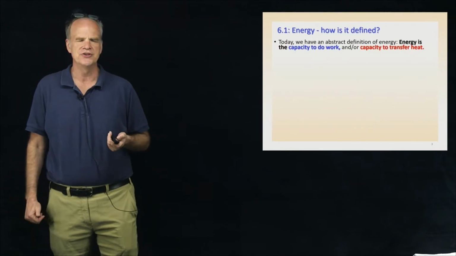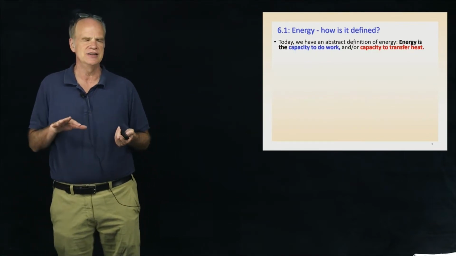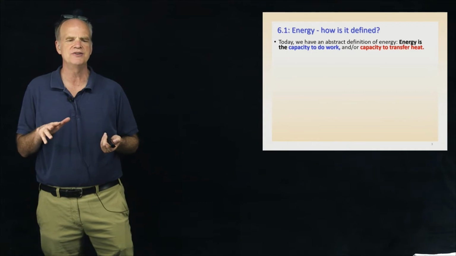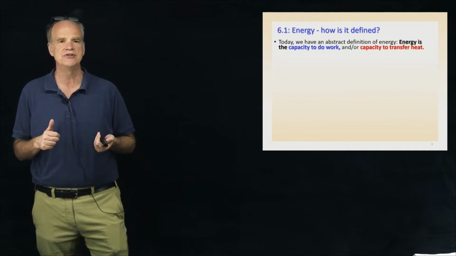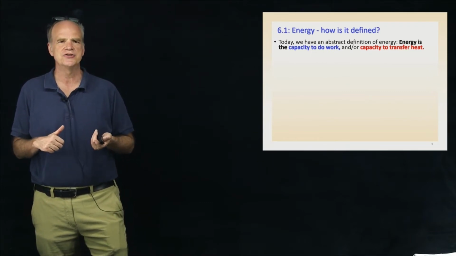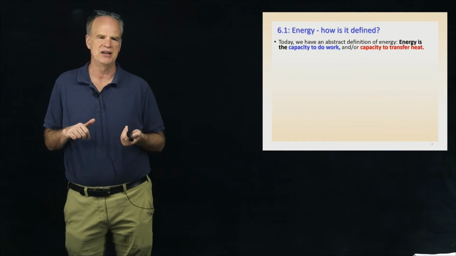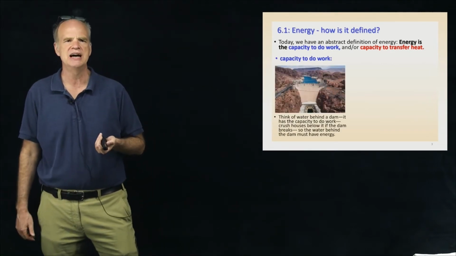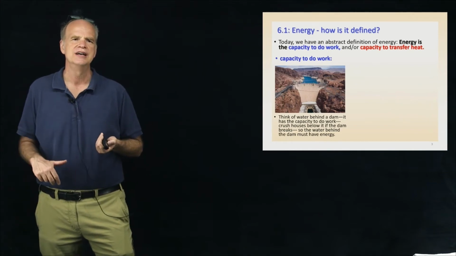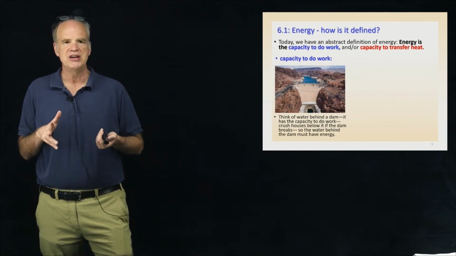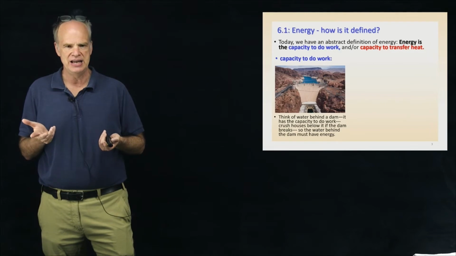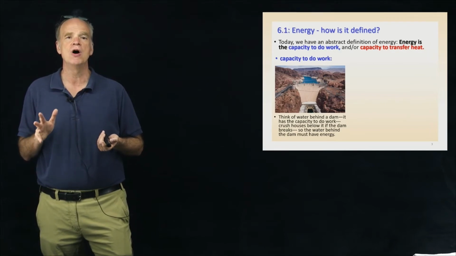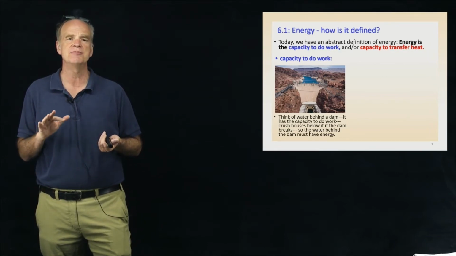Another thing we need to discuss is that energy is also defined in a certain way. We define energy as the capacity to do work or the capacity to transfer heat. Let me talk about those two things. Let's say you have a dam, and behind the dam you have tons of water. We would say that that water has energy, because it has the capacity to do work.